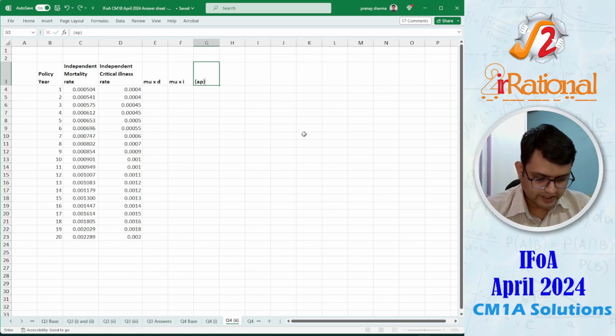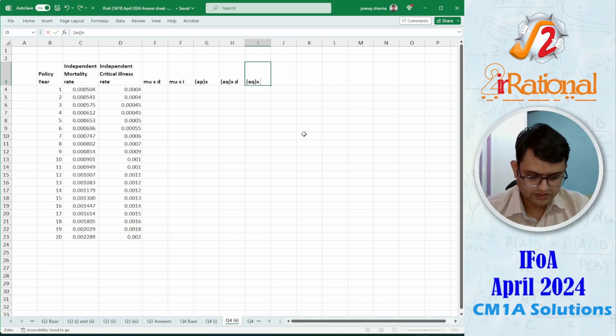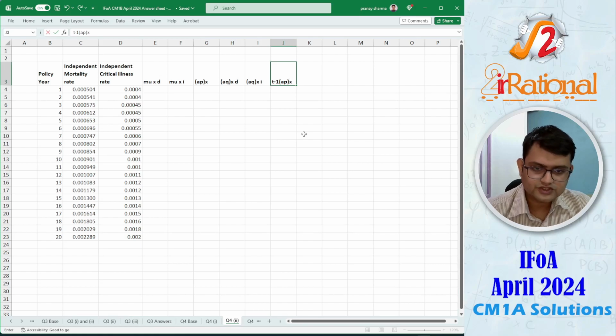Using that, I'll calculate APX and then AQ for both. We also calculate T minus 1 APX for later on.